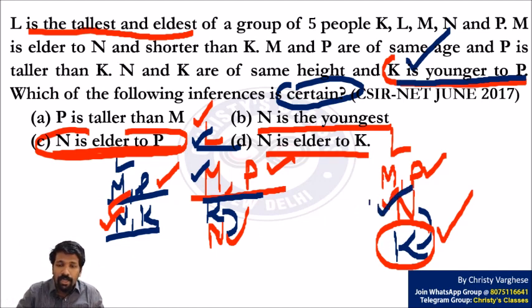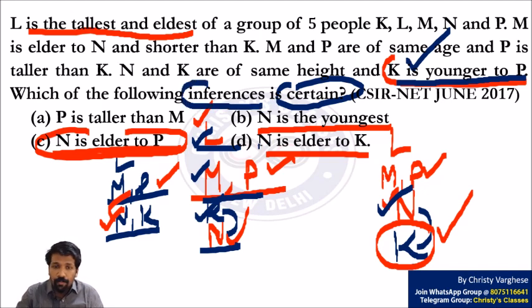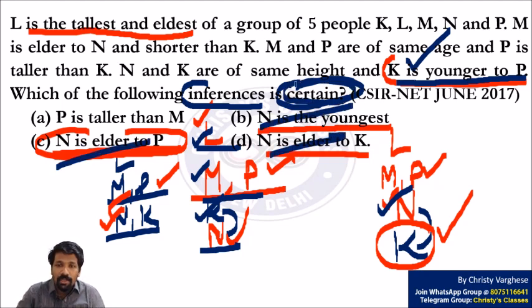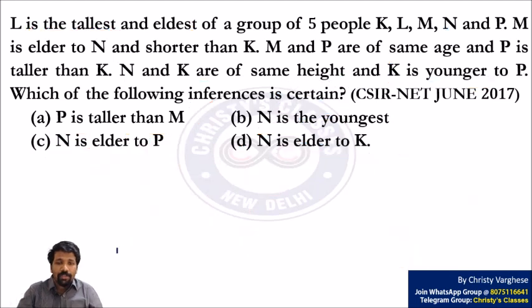But it is possible that N is younger to K also. We don't have anything solid to prove that N is elder to K or younger to K. That is why these three inferences are not certain. That is the relevance of the word: inference is certain, always true. So the always true inference is only option A. That is why option A is the answer.